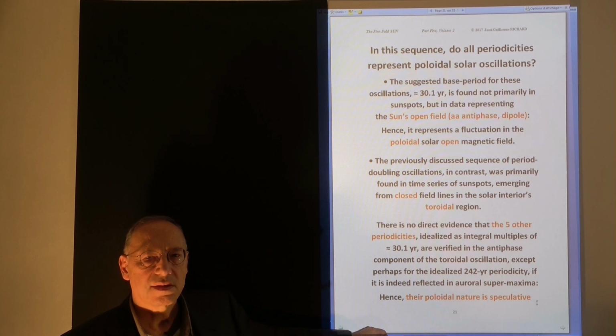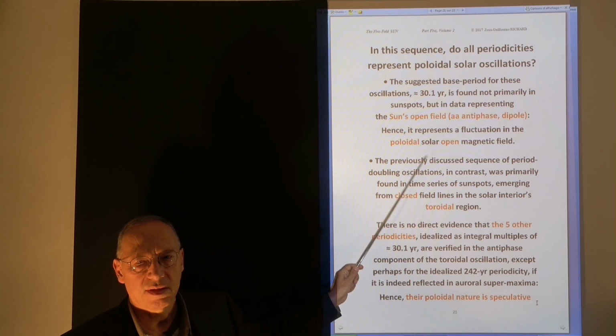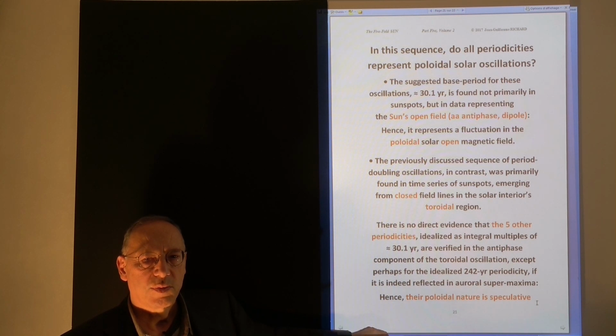Now we can ask whether these periodicities all are representative of poloidal solar oscillations or not. The base period indeed is, as opposed to the entire previous sequence based on sunspot numbers, the period doubling sequence with base period, the Hale cycle, which is a toroidal set of oscillations.